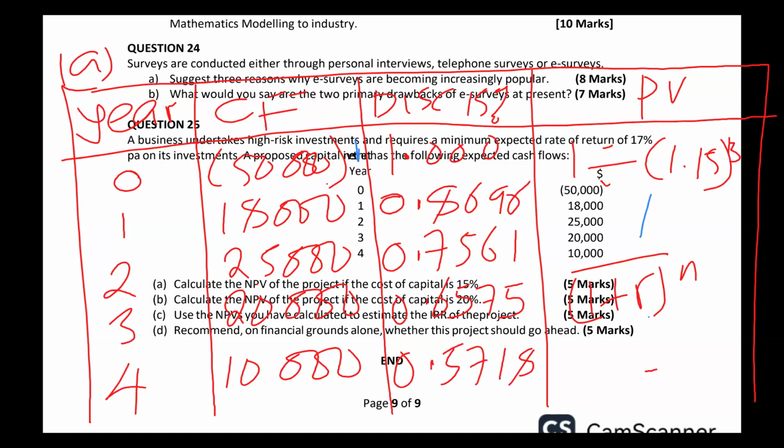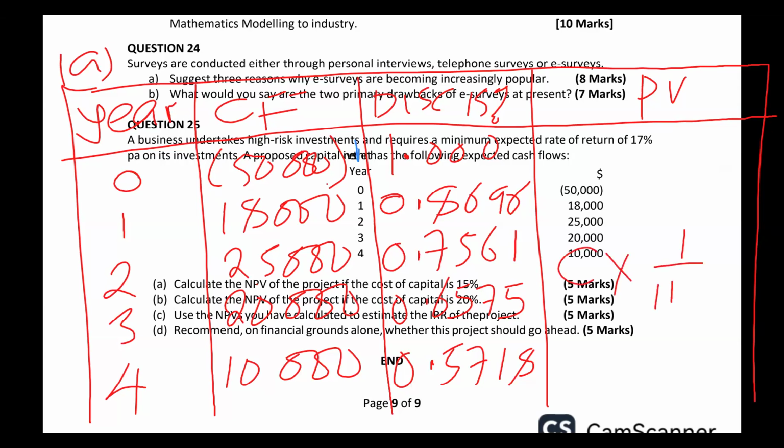Okay. Now let's find the present values quickly. To find the present values, what you're doing is you just multiply this cash flow times this discounting factor that you have found. All right, this is what you're doing. So say negative 50,000 times 1 would give us negative 50,000, is it?